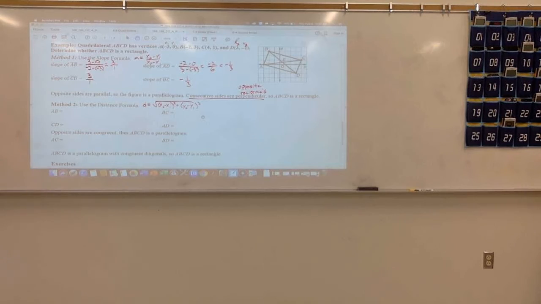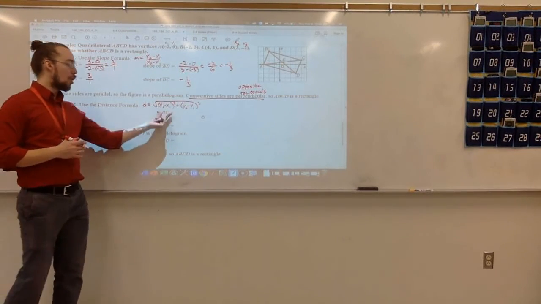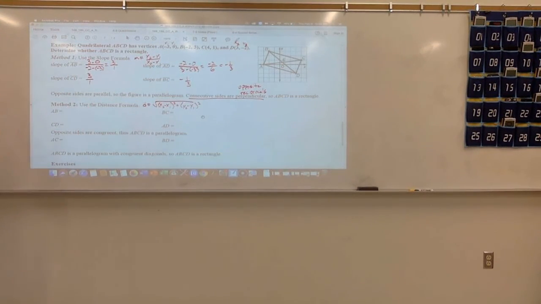So to use the distance formula, we actually have to find 6 pieces of information. Okay? So if you have the choice, using the slope formula to prove that something is a rectangle is going to be less work, probably a little bit easier. But if you don't have a choice, right, sometimes I'll just tell you, use the slope to justify or use distance to justify. So what we would need to do is find the length of all 4 sides using the distance formula, just like we did.